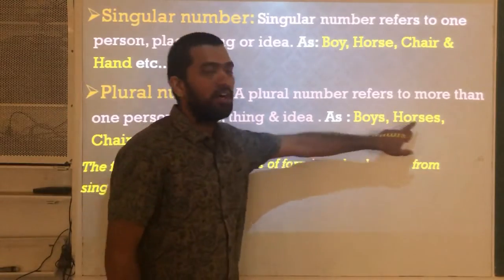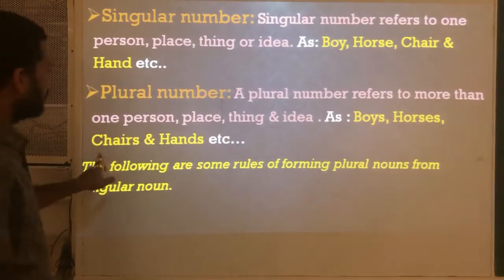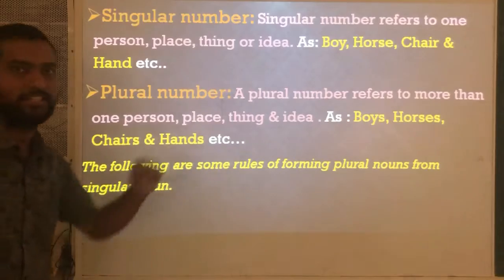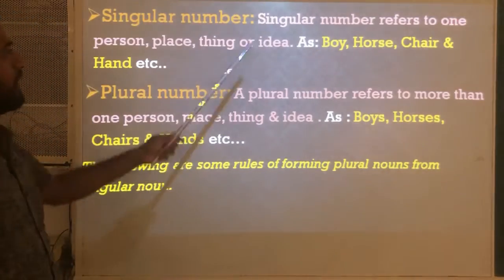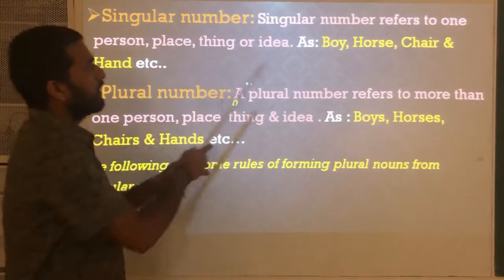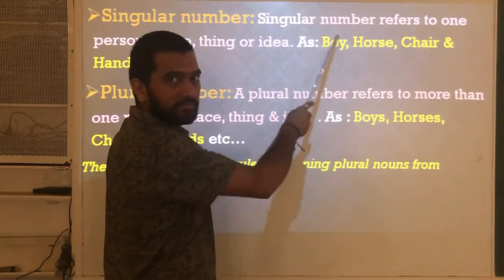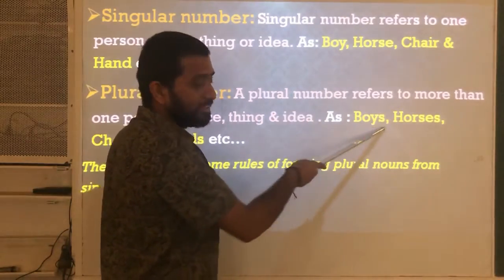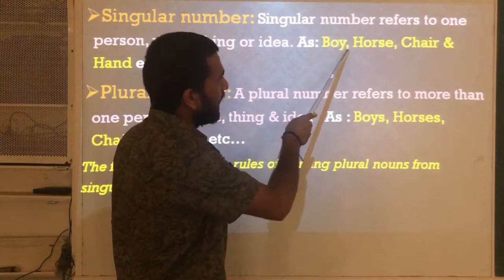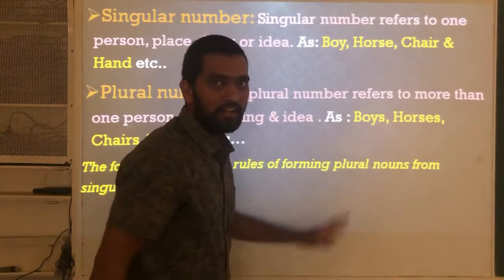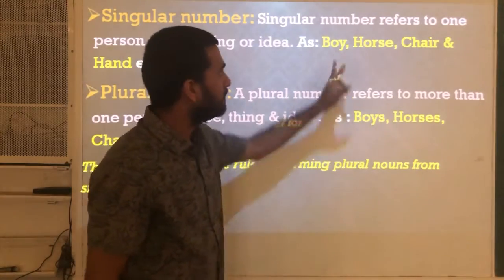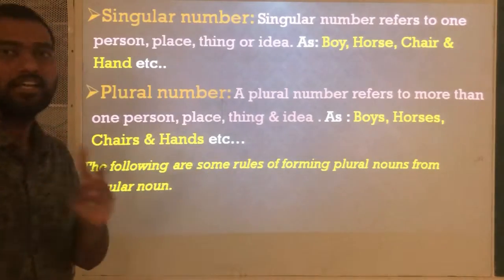Now boys, horses, chairs, and hands, etc. Here, to convert the singular noun, that is boy, into plural, that is boys, we just added s at the end of this word.